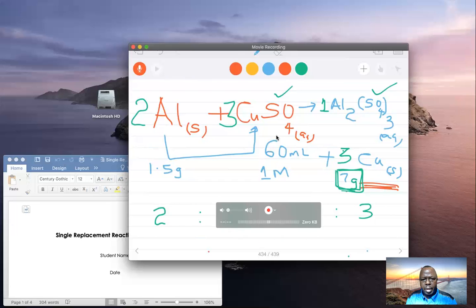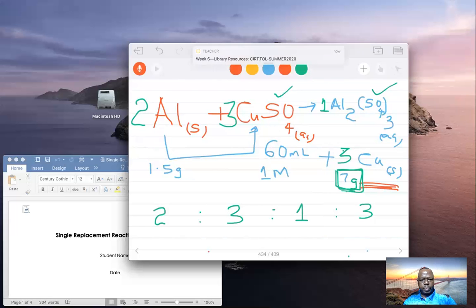Once I figure out the number of moles in 60 ml of 1 molar copper 2 sulfate, how many grams of copper will be produced? So if I know the grams from each reagent, I'll compare the two values. From aluminum, how much do I have? From copper 2 sulfate, how much do I have? The one which gives me less amount will be my limiting reactant, and that will be the theoretical yield.